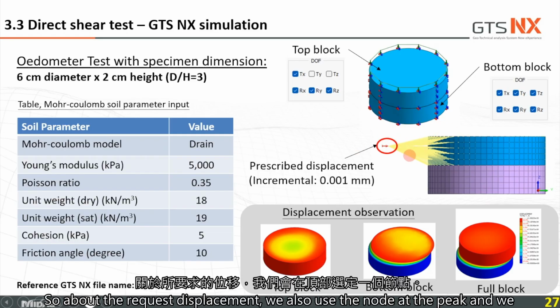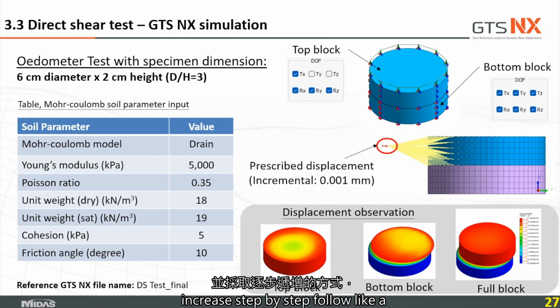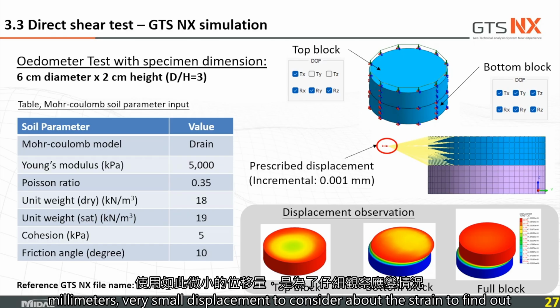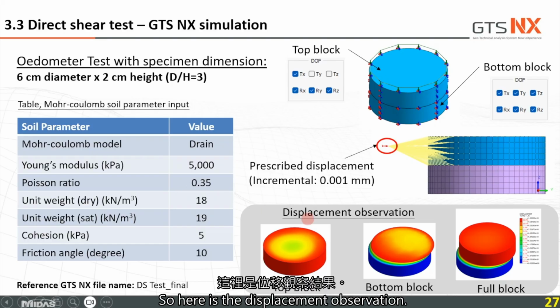For the prescribed displacement, we also use the node at the peak, and we increase step by step, each step by 0.001 millimeters, a very small displacement, to consider the strain and find out the shearing plane. So here is the displacement observation.